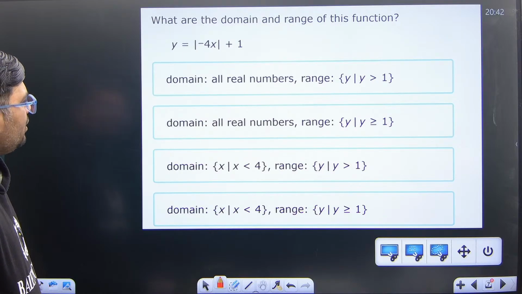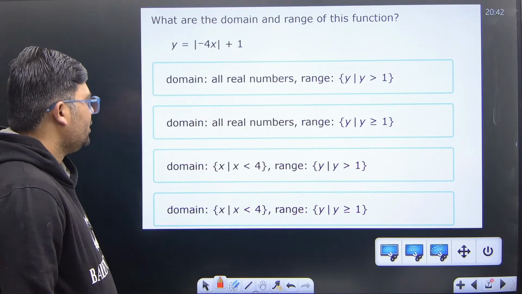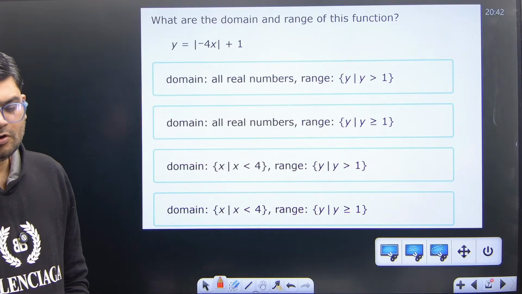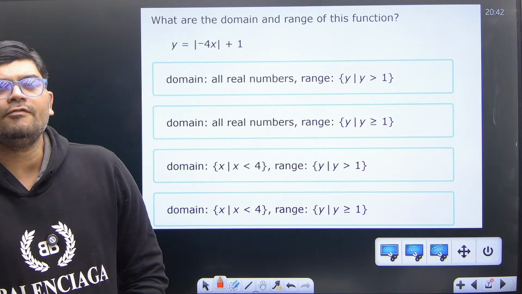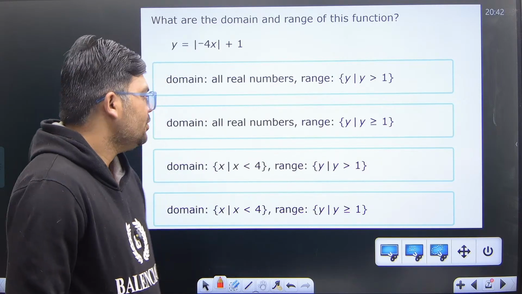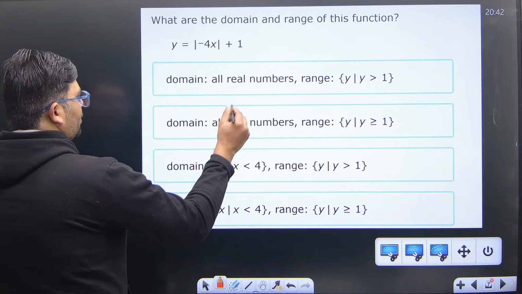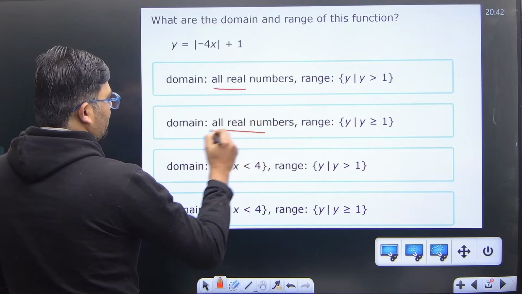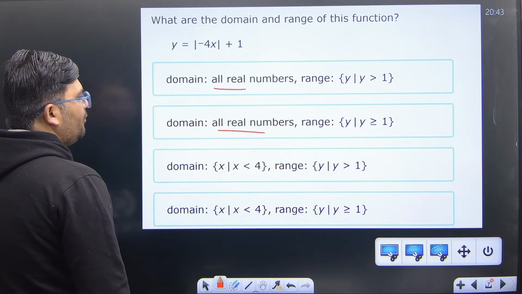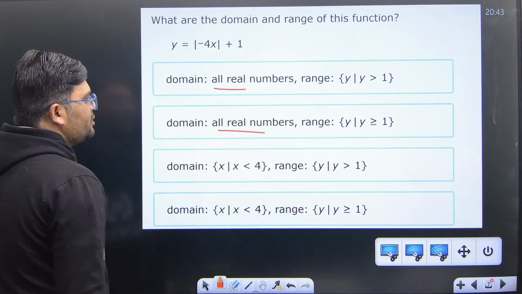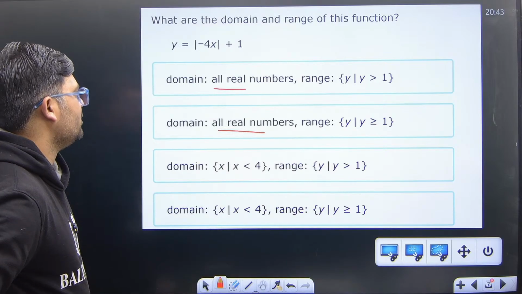What is the domain and what is the range? As I told you, for any modulus function, the domain is the set of all real numbers. So it is obvious that you have got these two options, first and second. Now you have to choose between the range, first and second. Tell me what could be the range of this function.